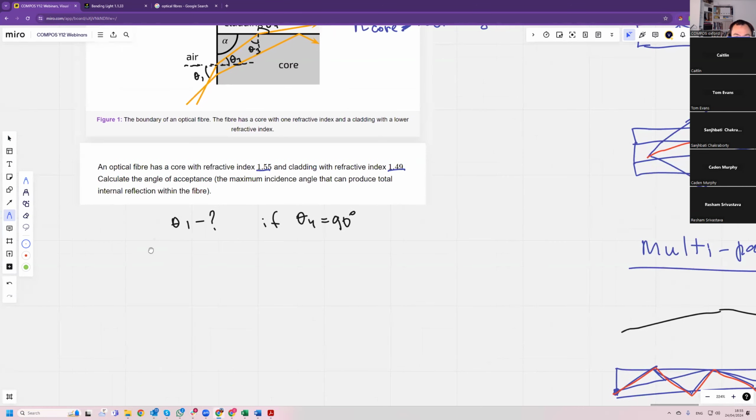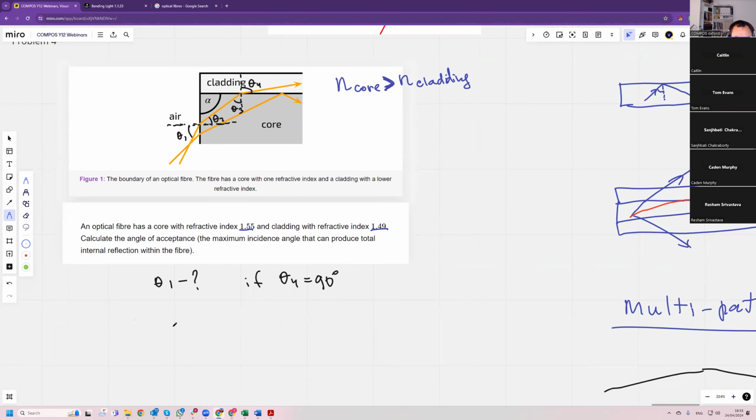Okay, so very quickly we can do sine theta 4 divided by sine theta 3, and we know that theta 2 plus theta 3 has to be 90 degrees. Theta 4 is 90 degrees.